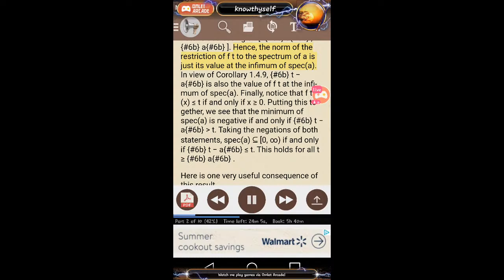of spec A. In view of Corollary 1.4.9, ‖t − A‖ is also the value of f_t at the infimum of spec A. Finally, notice that f_t(x) is less than or equal to t if and only if x is greater than or equal to 0.